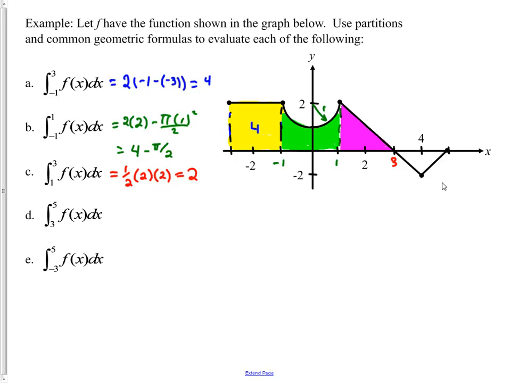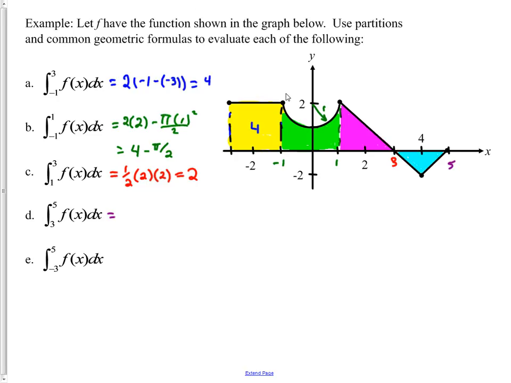And then finally, this little bitty area right down over here looks like on this interval from 3 to 5. And so if we're interested in finding this area right here, 3 to 5, we're also dealing with a triangle.